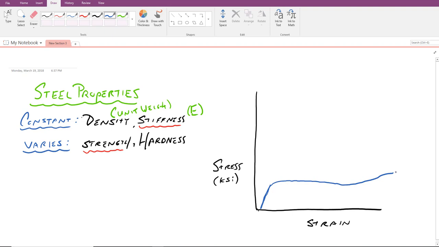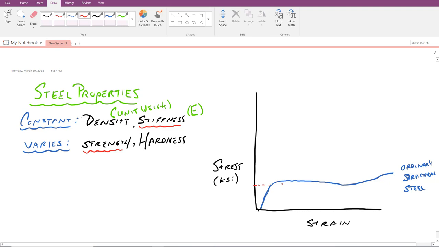Generally speaking, I'm not going to exaggerate the curve quite as much today, but this represents ordinary structural steel. Now, there are two different basic strengths that we utilize for our ordinary structural steel, and these represent the actual strength of the steel.